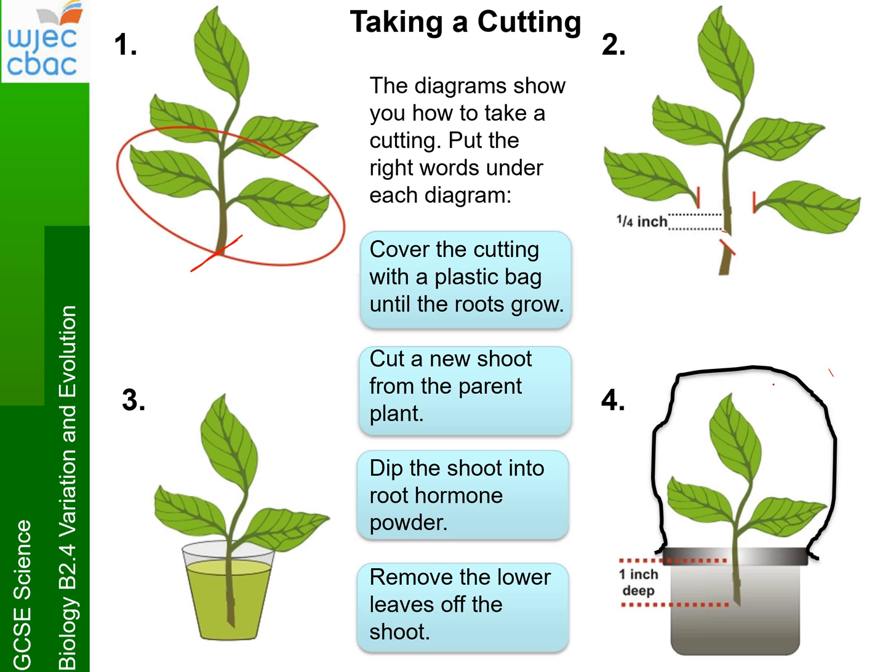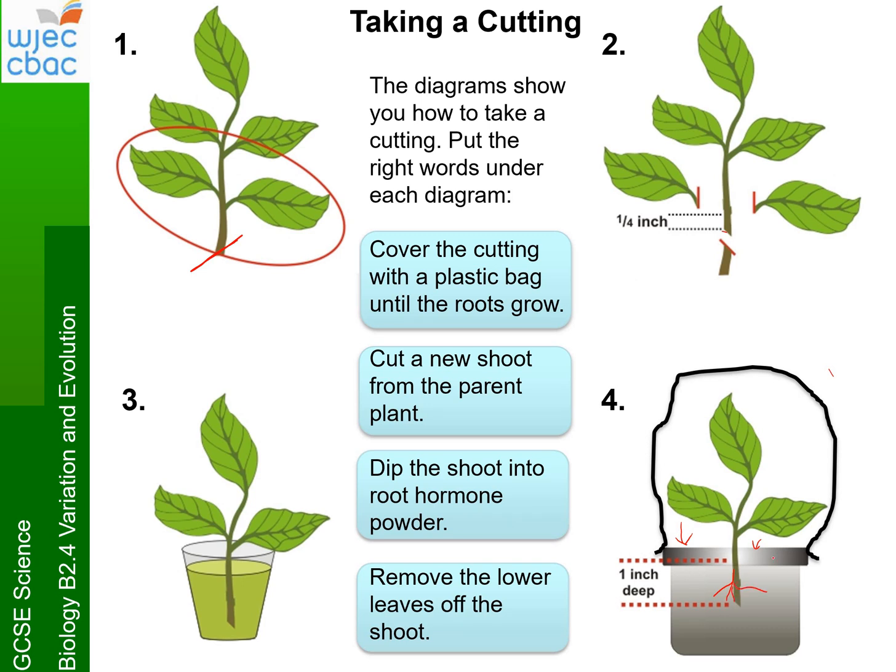It has to be clear to allow light to pass into the bag and to the leaves so they can carry on photosynthesizing. Because there are no roots to take up the water, any water that evaporates from the leaves will fall back down into the pot, so that it keeps the soil moist until the root system has developed.